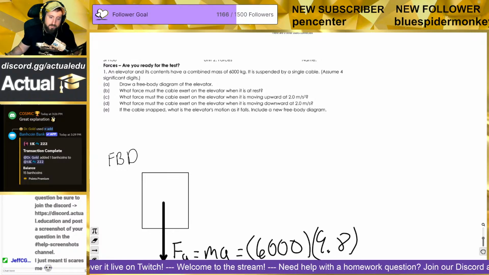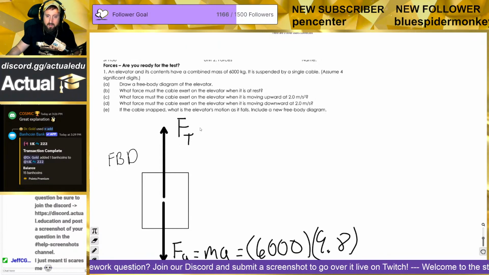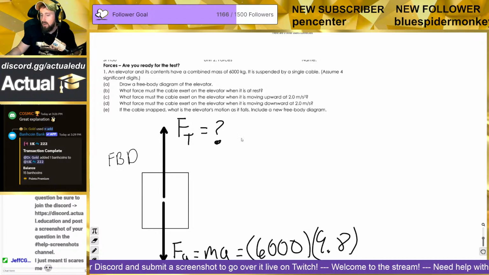And the other force is the tension in the rope, which we can call Ft. That's going to be equal to some mystery number that we're going to end up solving for.